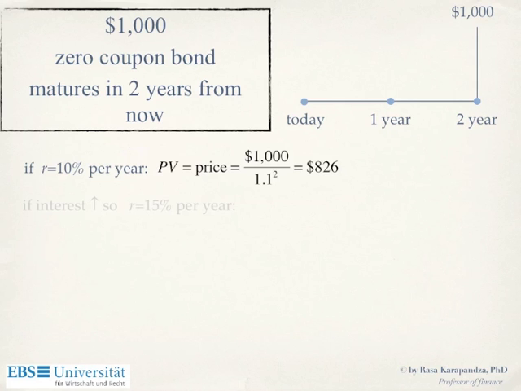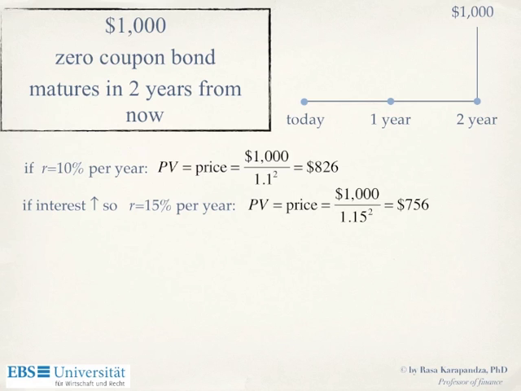But imagine that the interest rates are not 10%, but they go up to 15% per year. What is now the value of this bond? Well, when interest rates go up, it's obvious from the way we calculate the price that the price goes down. And we get to $756.